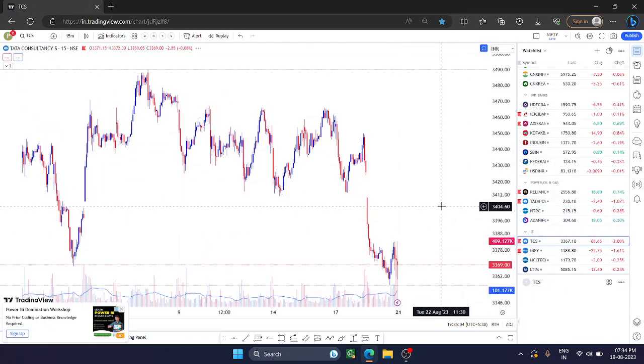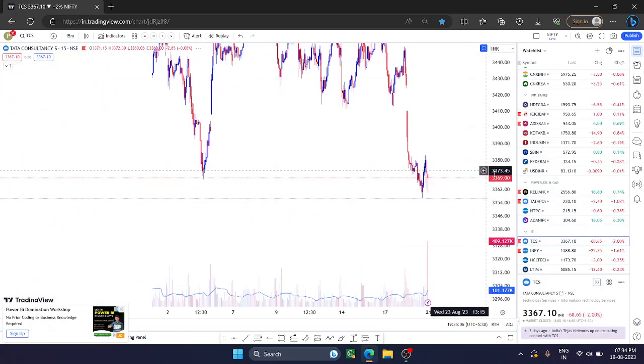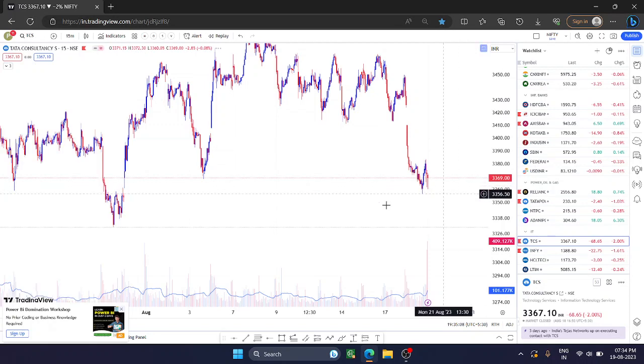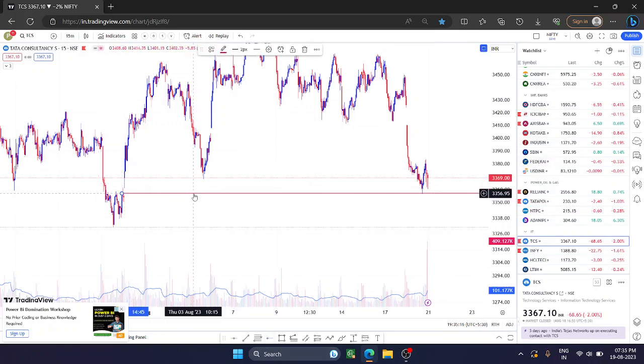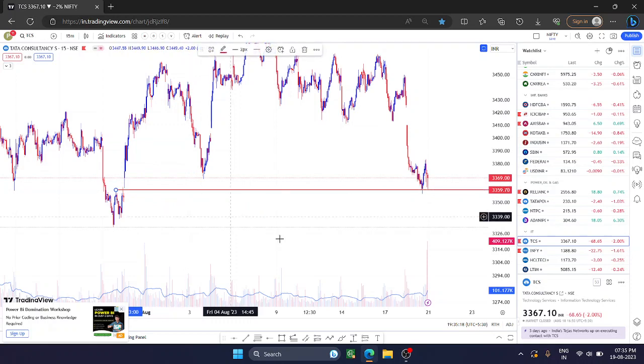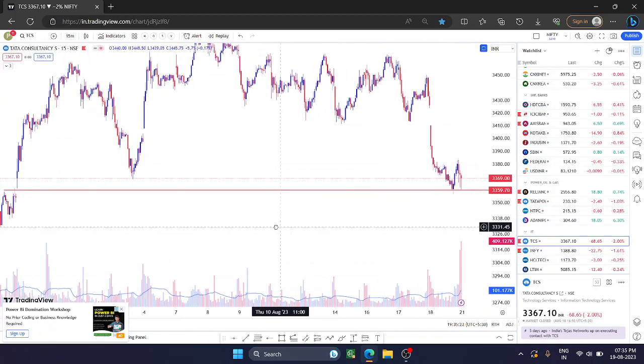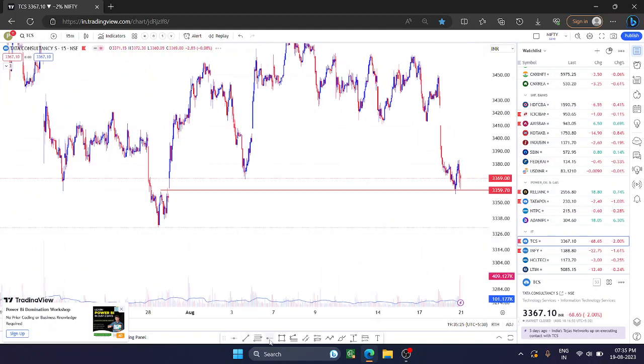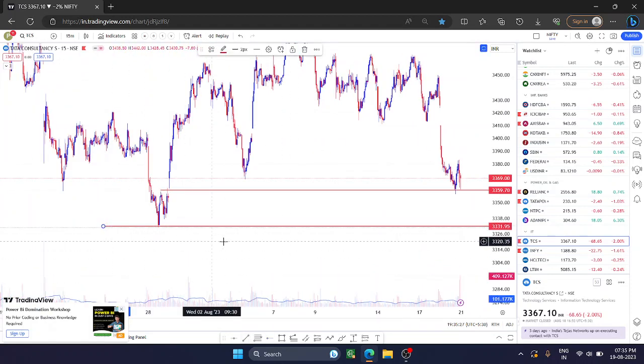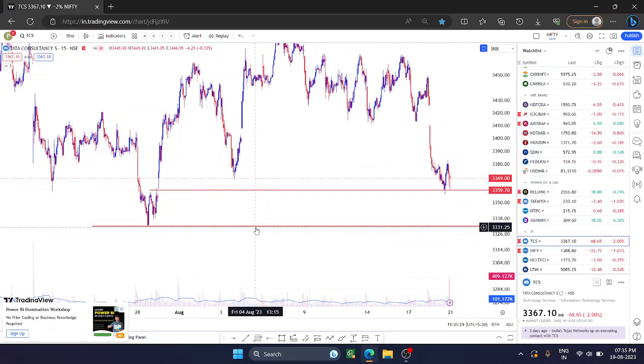And there are two IT stocks which I'm going to discuss. First TCS, this is the level I'm going to discuss, that is the support area 3350, 3360. If it breaks its support area, then of course the next level you can see is 3331.